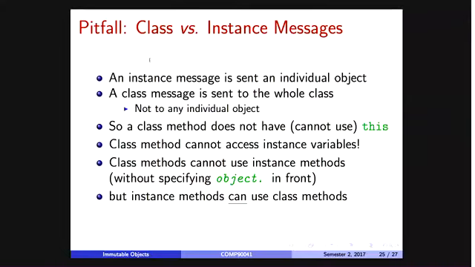And now instance methods versus class methods. The important distinction to remember is that with a class method, there is no object. So what it really comes down to is there's no such thing as this in a class method. So you can't access instance variables, because this.familyName and this.givenName don't exist. There just is no such thing.